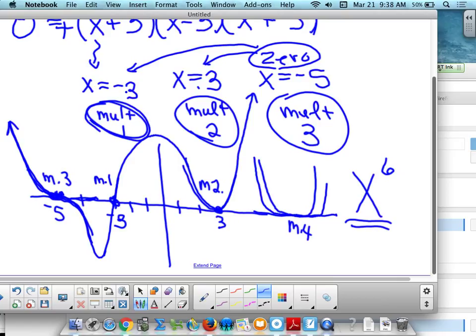Okay, good. Now look, you've got a table down below. It says how multiplicities affect the zero. A multiplicity of 1, in your own words, what would you put? Like straight through. Beautiful job.